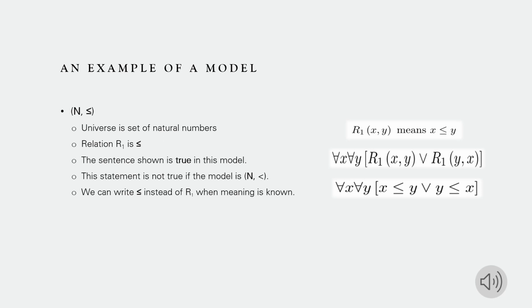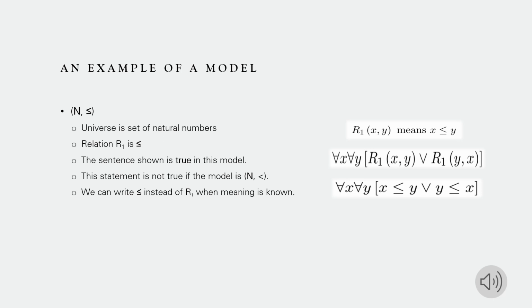However, this statement is not true if we use the model N, less than. In that case, what we will end up getting is for all x and for all y, R1 of xy means x is less than y, or R1 of yx means y is less than x. So we won't have the case where x and y would be equal.